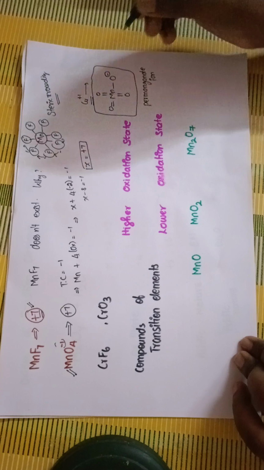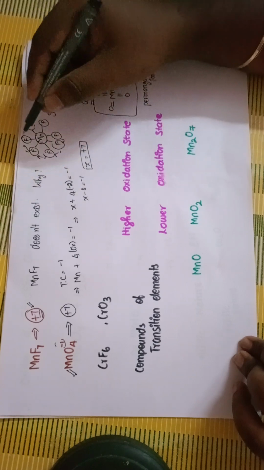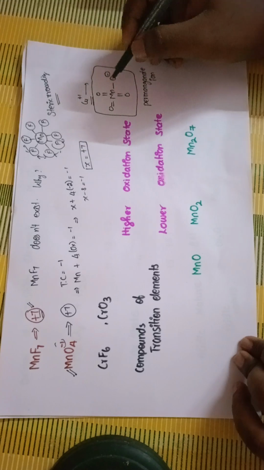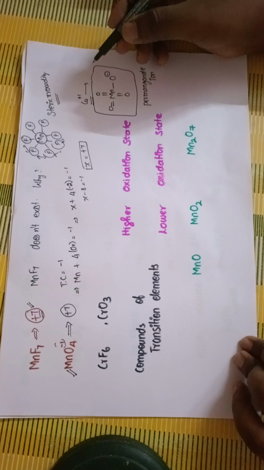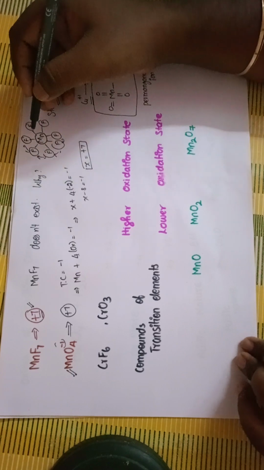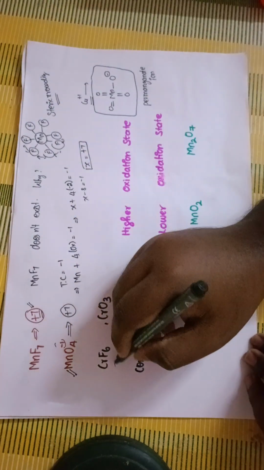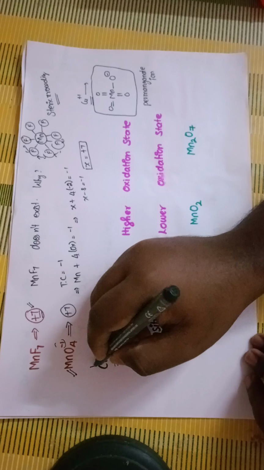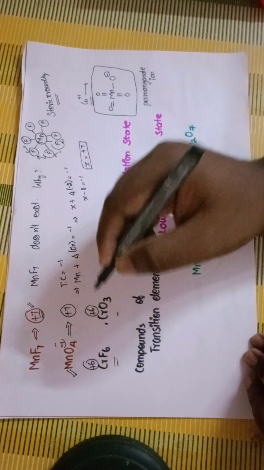See here, around manganese in MnF7 there are 7 atoms, but here manganese has only 4 atoms. Steric crowding decreases, and if steric crowding decreases, stability increases. The repulsion between the surrounding atoms will be small here, whereas in MnF7 it is large. But these all exist: CrF6, where chromium exhibits +6 oxidation state, and in chromium trioxide, chromium is in +6 oxidation state.